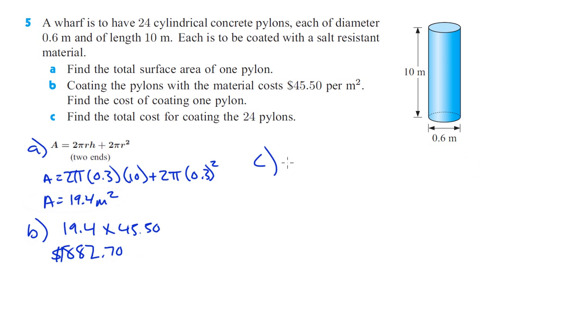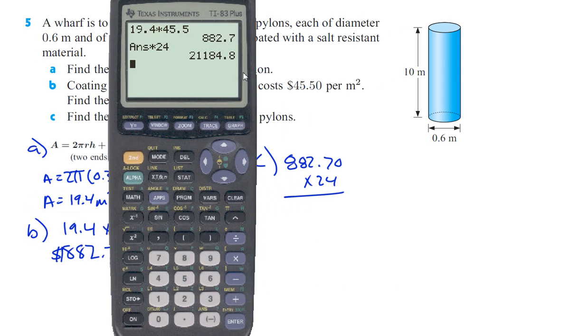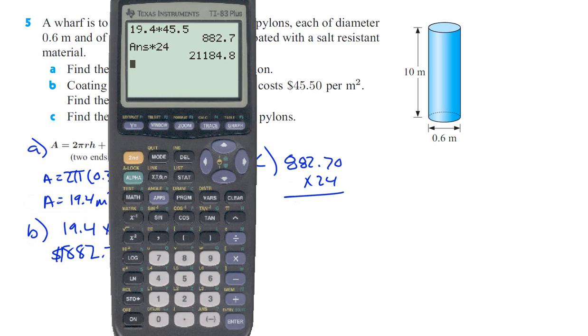So we're just going to take our 882.70 and multiply it by 24, and away we go, right? So multiply that by 24, and we get 21,184.80. Whew, that's a lot.